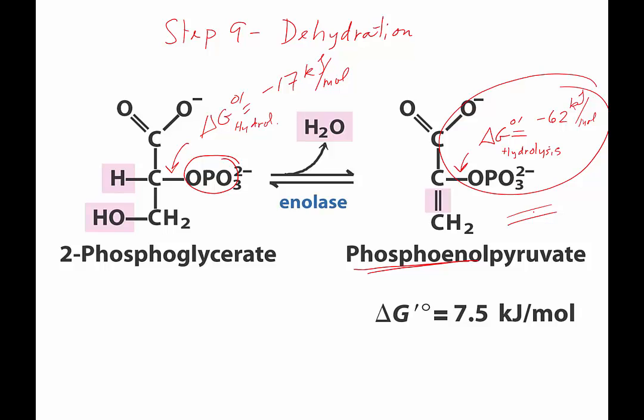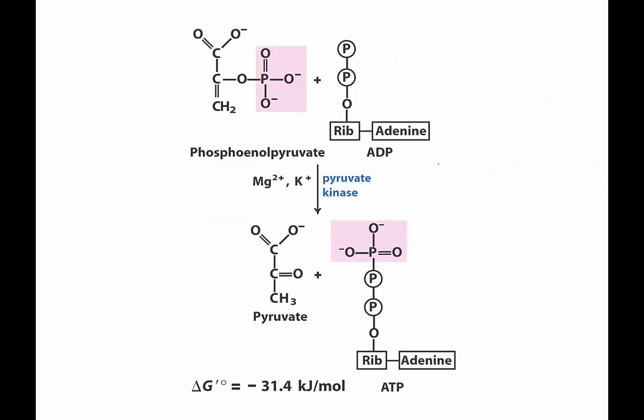So, moving the location of the phosphoryl group in step 8 and dehydration in step 9, both of those steps together allow us to carry out the next step, which is to couple the hydrolysis of this bond right here to the formation of ATP. And what we'll wind up with is the formation of pyruvate. So here we have our phosphoenolpyruvate, and we have ADP, our two substrates.